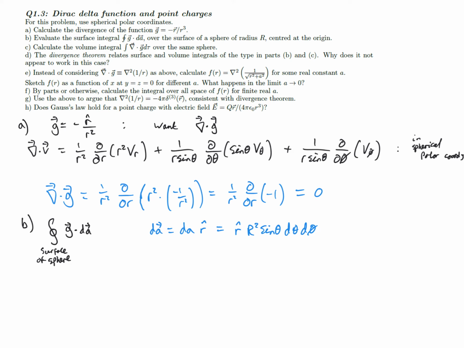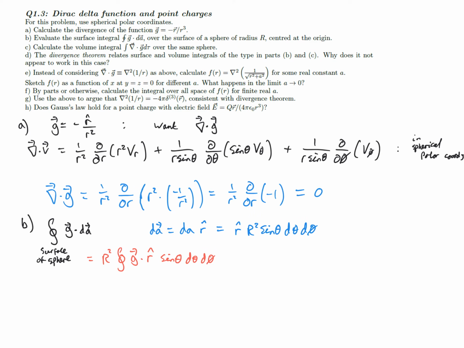Okay, so now we're in good shape to actually calculate the integral in question. So I can write g dot r hat, and then we have a constant r squared, which I can take out of the integral, and then inside here I have sine theta d theta d phi.